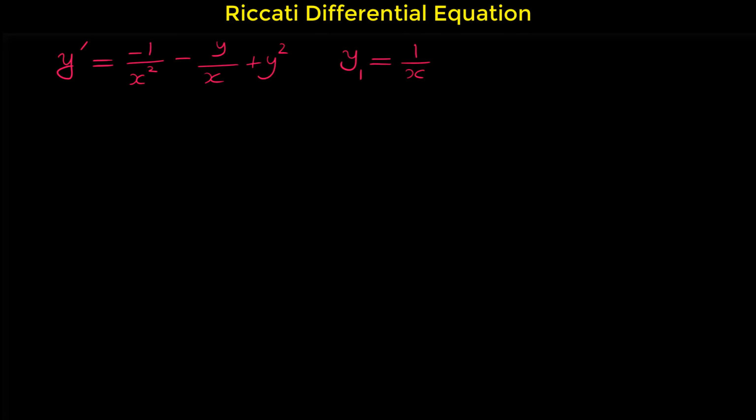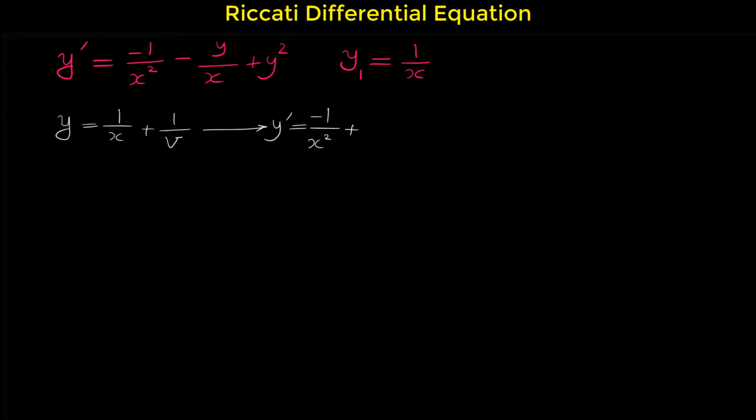Let's get back to our question. We want to find the general solution. Again, we have to do the same process as the previous example. We suppose y to be y1, which in this case is 1 over x, plus 1 over v. And then we have to find y prime from this. The derivative of 1 over x is -1 over x squared. With a simple quotient rule, you can check this.